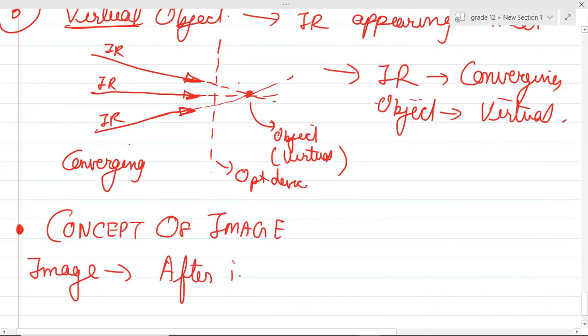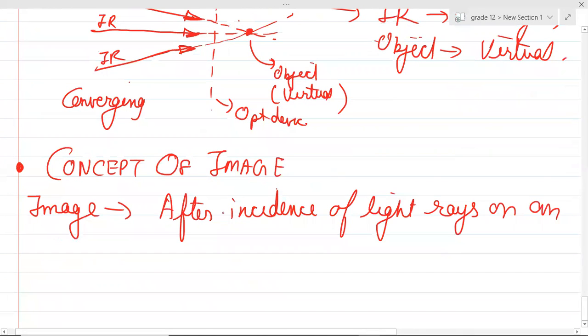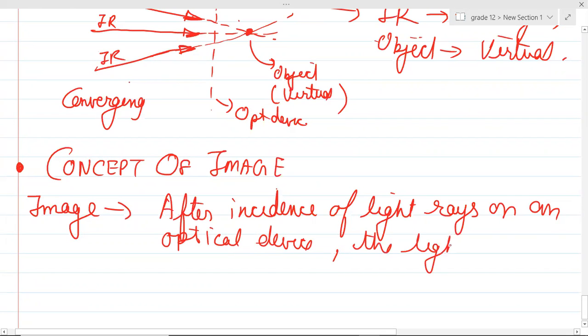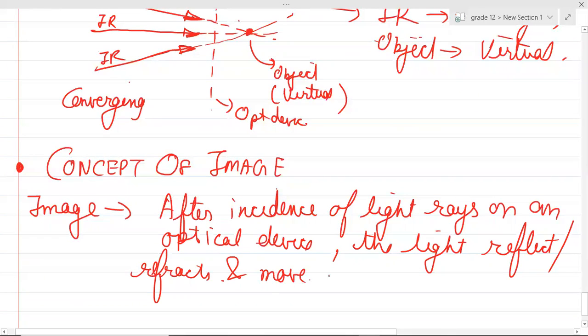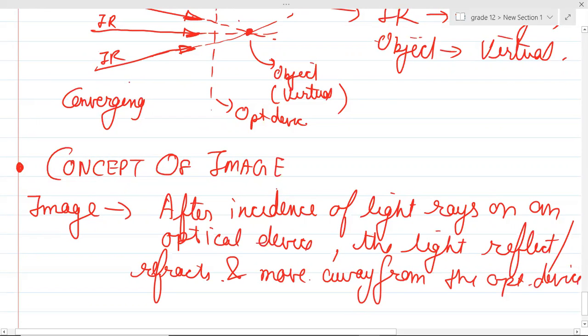We can say this particular thing: after incidence of light rays on an optical device, the light rays reflect or refract and move away from the optical device. Is this true, guys?